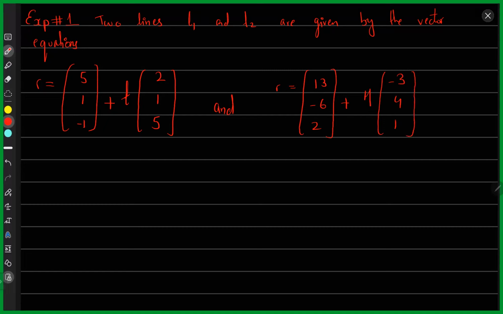Show that the lines intersect and find the position vector of the point of intersection.